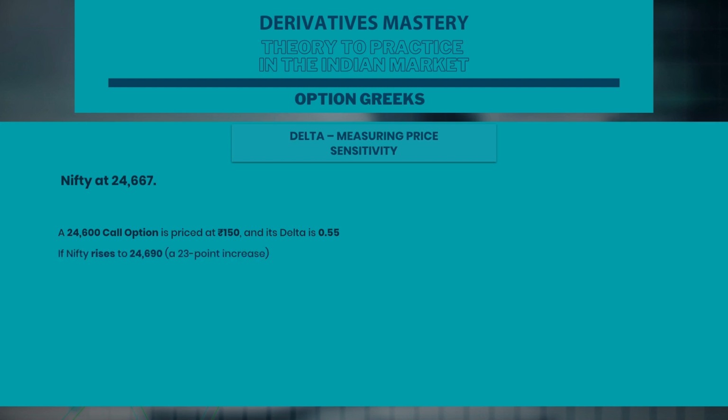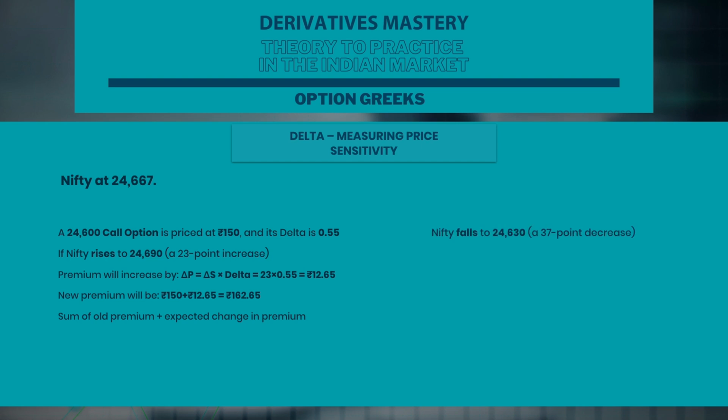If Nifty rises to 24,690, that is a 23-point increase, the option premium will increase by 12.65. That is, change in premium equals change in spot price into delta, which is 23 into 0.55, gives us 12.65. So the new premium will be 150 plus 12.65, which is 162.65. This is the sum of old premium plus the expected change in the premium.